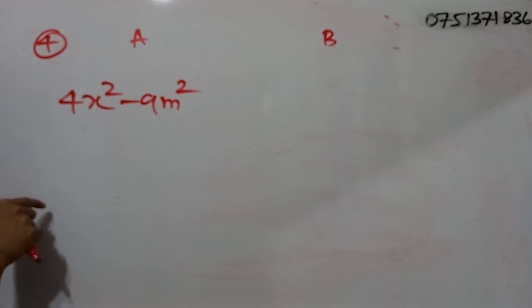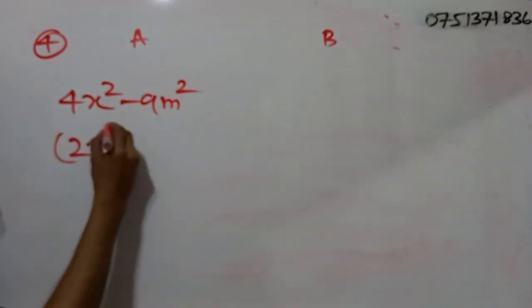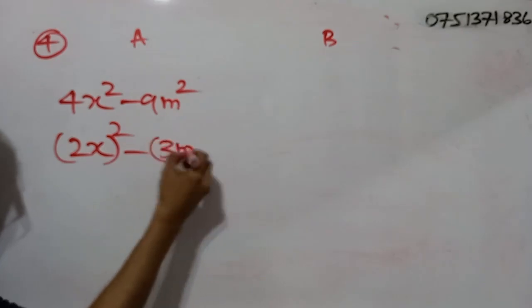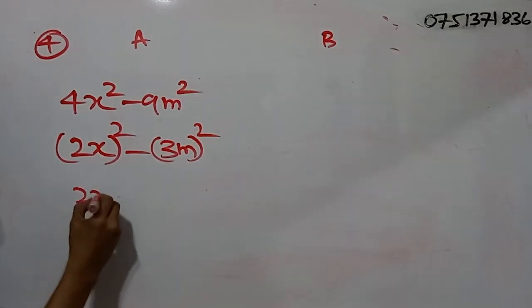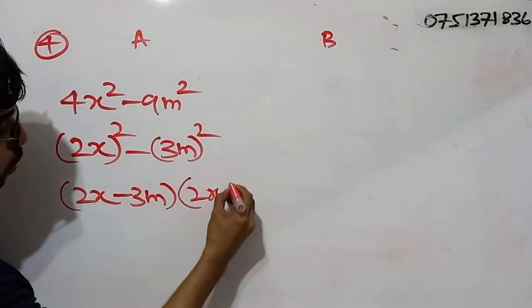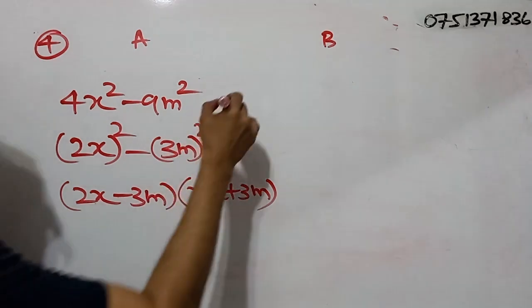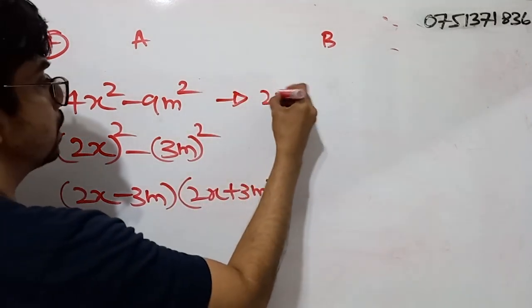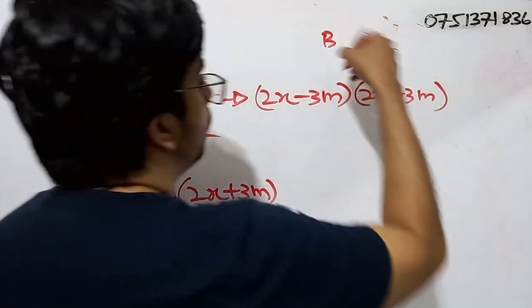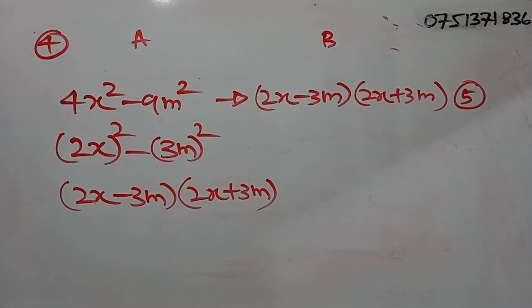Right. So this is the next one that we have. Okay. So I can rewrite this expression as what? 2x the whole thing squared minus 3m the whole thing squared. So that means 2x minus 3m and 2x plus 3m. Okay. So when we check the answers, on the B side, the very last one, which is the fifth one, we have the response.